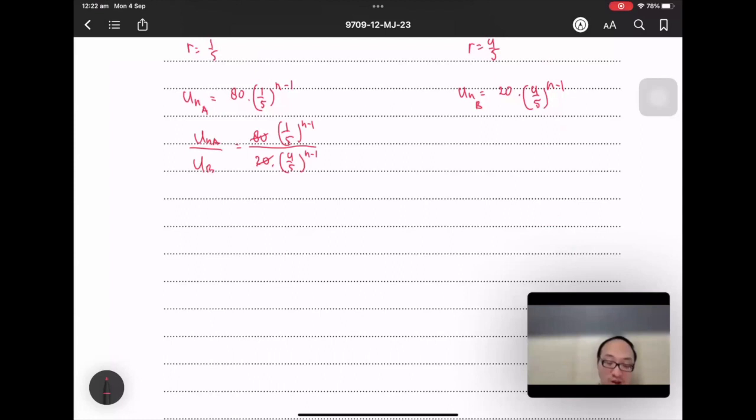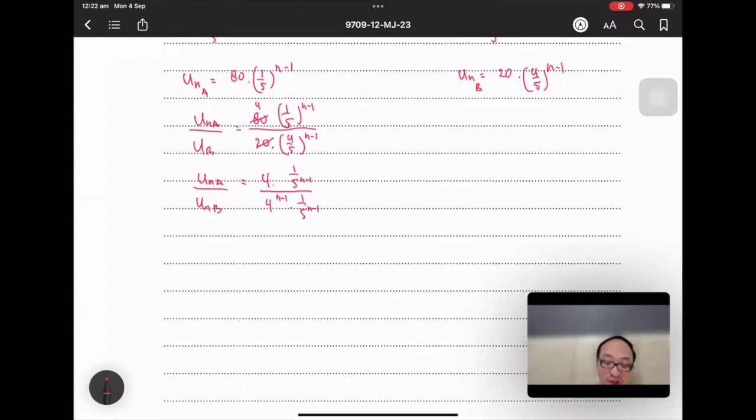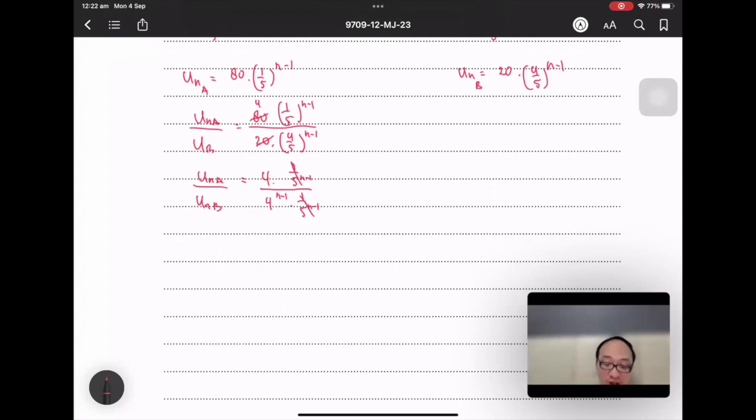So this is 4. So UnA over UnB equals 4 times (1 over 5)^(n minus 1), over 4^(n minus 1) times (1 over 5)^(n minus 1). So this is the same.